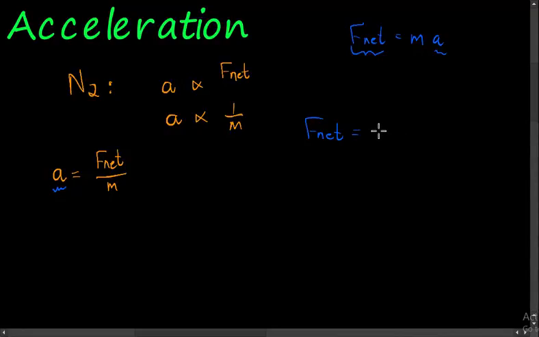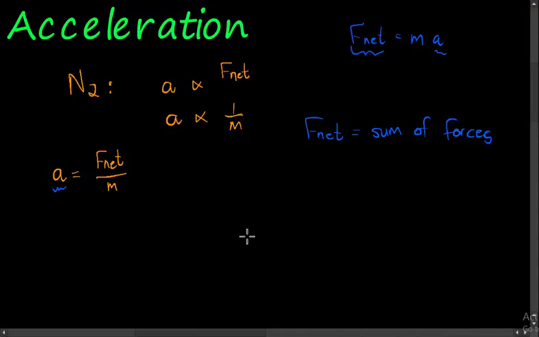Net force is simply the sum of all forces. Okay. The sum of all forces, or the component of the forces, that is in the direction of motion, or in line with motion.